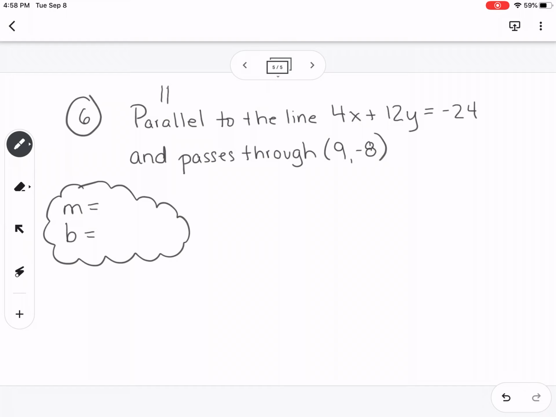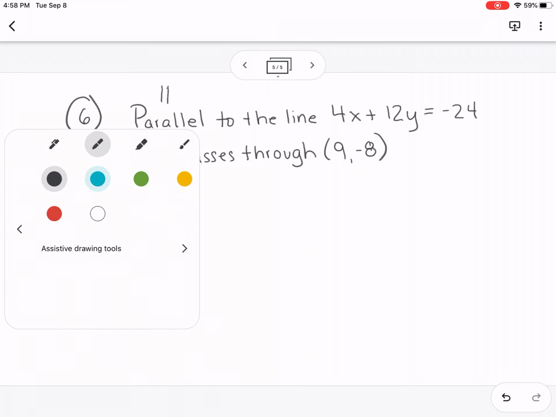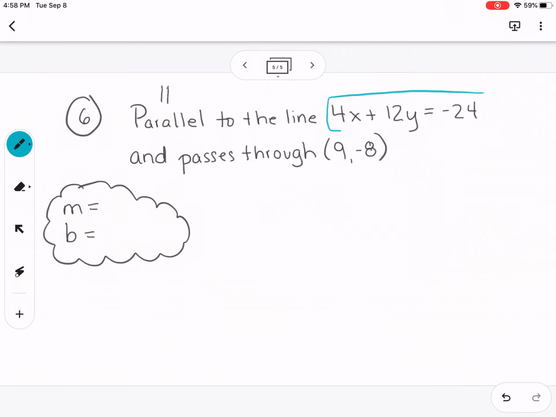So if we are parallel to that line, that means that the lines will have the same slope. Parallel means same slope. So I need to figure out the slope of this boxed line I have right now. You can't find the slope. This is in standard form, SF, standard form. You can't find the slope from standard form. You first have to rearrange this equation into slope-intercept form.